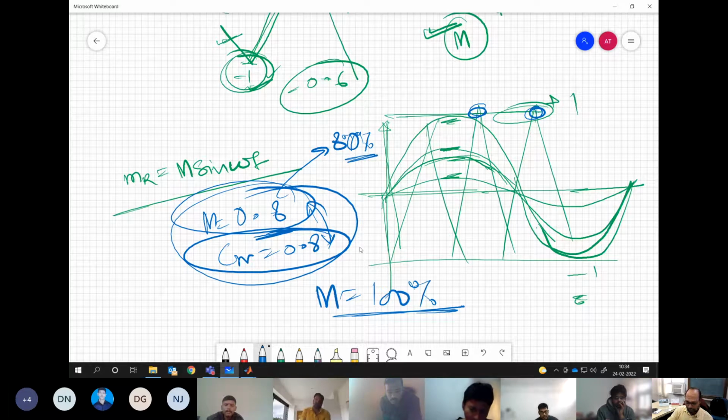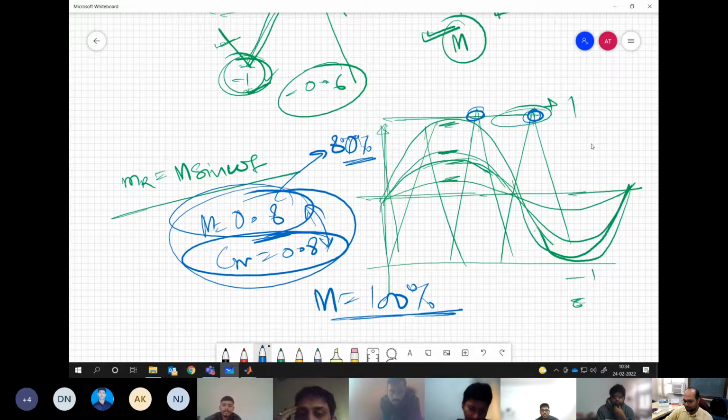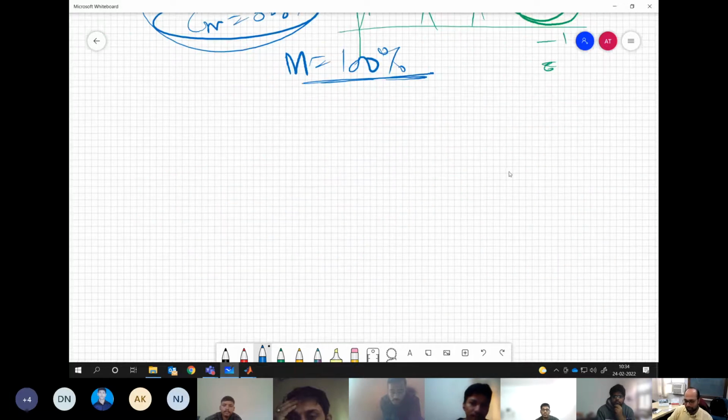Sampan, you are thoroughly confused. I don't know why. Anyone else having this doubt? This is only a relative value with respect to the carrier. Say I am having my modulation index at 0.4.